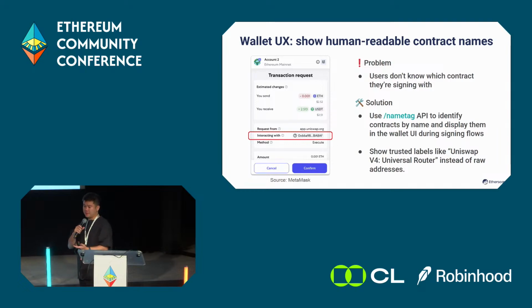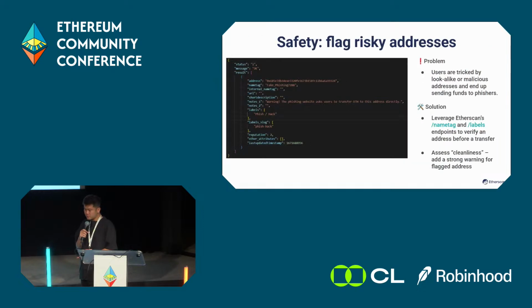For developers, you're able to use our API to return a name for the address that is tagged on the explorer. This essentially gives users a little more confidence and understanding of what they're interacting with. We have a very long list of name tags for contracts as well, and we work with developers directly to tag them. So please feel free to use them, and if you have any feedback, let us know.